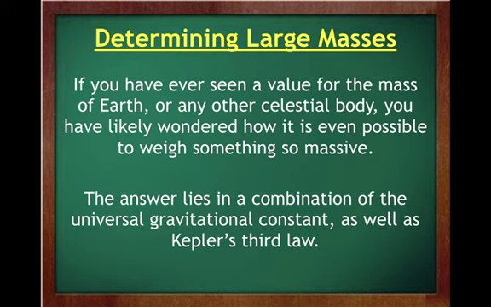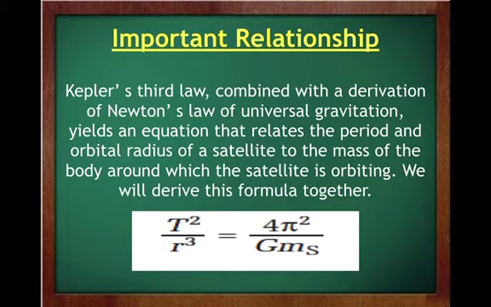And then Kepler's third law: for all planets rotating around the same celestial body, like all the planets in the solar system revolving around the sun, the period it takes for them to do a rotation, T squared divided by the radius, or the distance between the two, cubed, will always equal the same constant. But that constant is only constant if they're all revolving around the same body. So that's what we're going to be looking at.